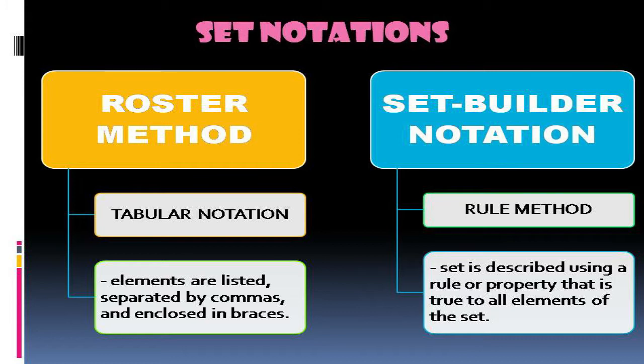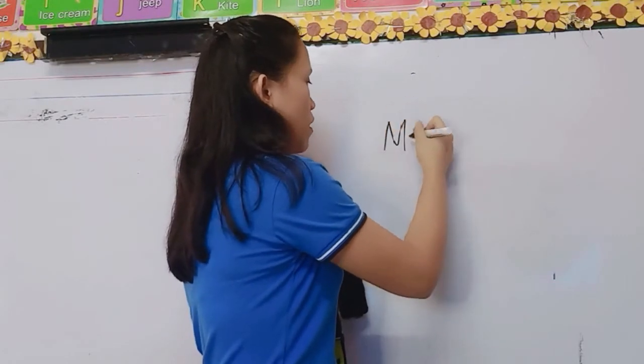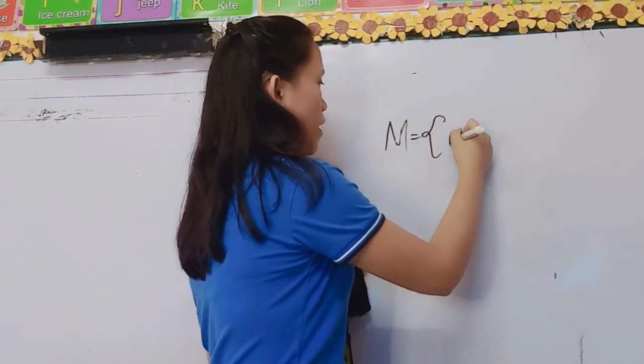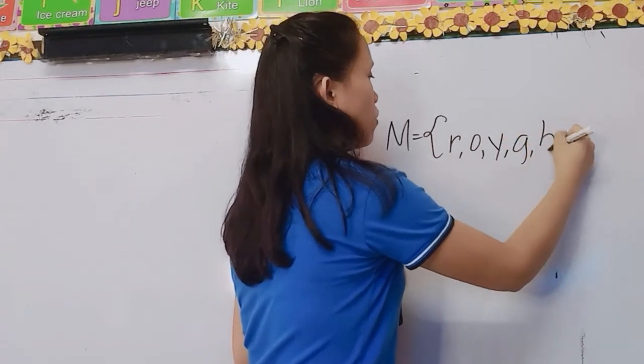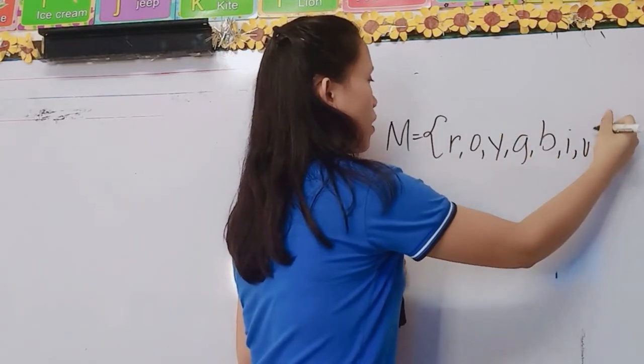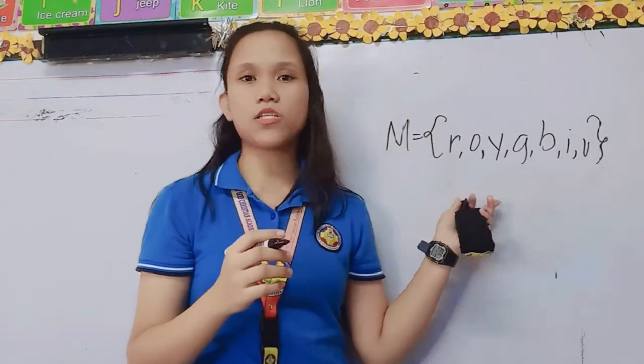In the roster method, the elements are listed, separated by commas, and enclosed by braces. The given example a while ago, set M is equal to red, orange, yellow, green, blue, indigo, and violet, is an example of a roster method.